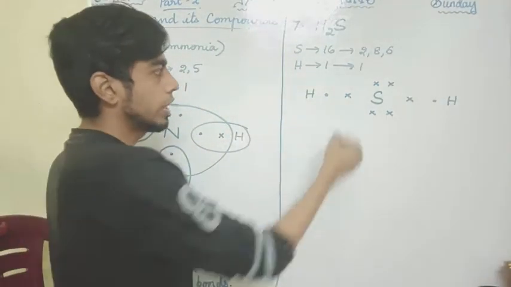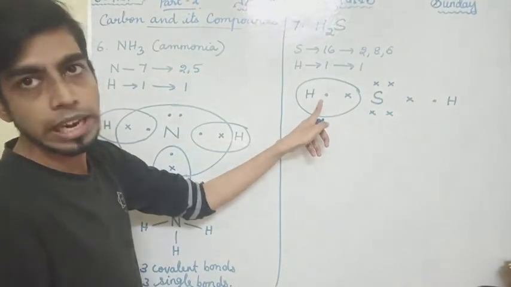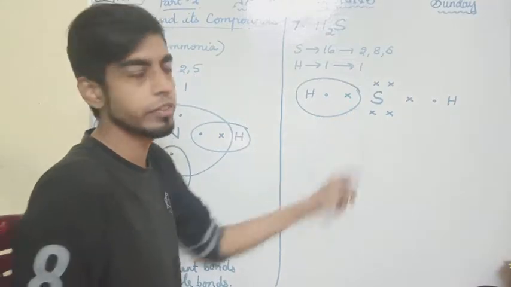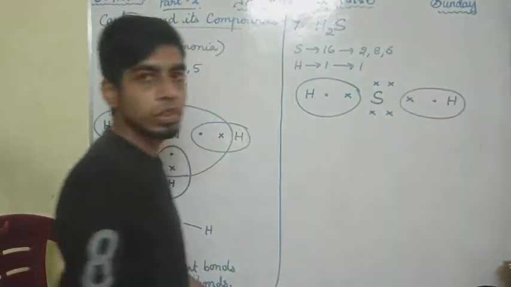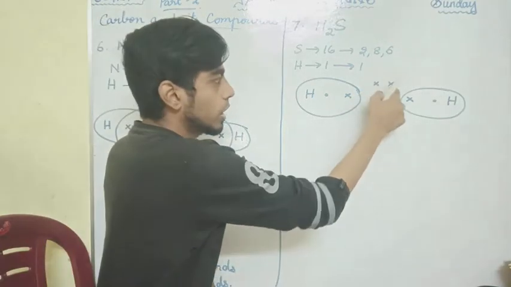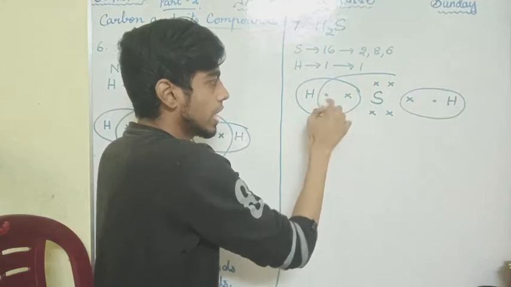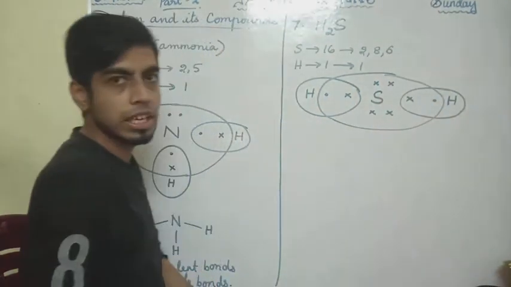Okay. So it is easy to circle hydrogen. It will have one electron already and one more electron. You have to do it from sulfur. And this hydrogen also you can circle 2 electrons. Sulfur 1, 2, 3, 4, 5, 6. 7th electron it will share from hydrogen, and 8th electron it will share from this hydrogen.